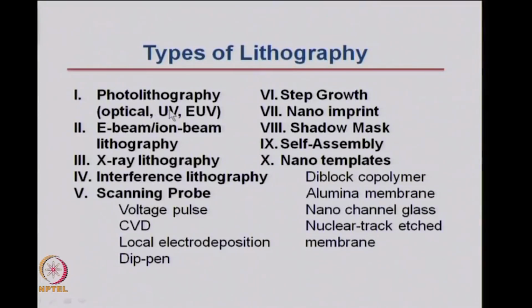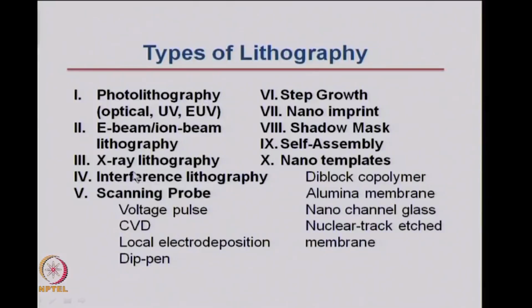So, this is photolithography. You can also do E-beam or ion beam lithography. That means you are making patterns or designs on your substrate using an electron beam or an ion beam. Then you can use X-rays. This is also a form of electromagnetic radiation, however, it has very low wavelengths compared to optical or UV radiation.